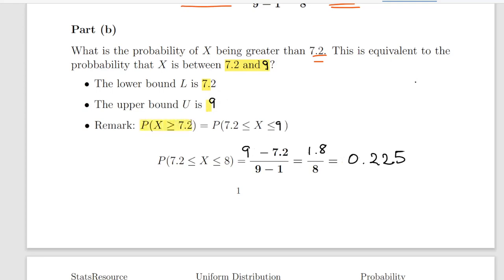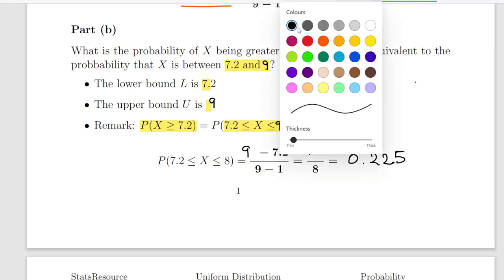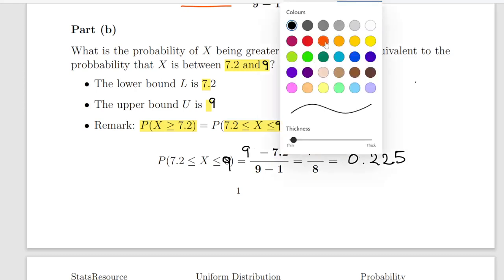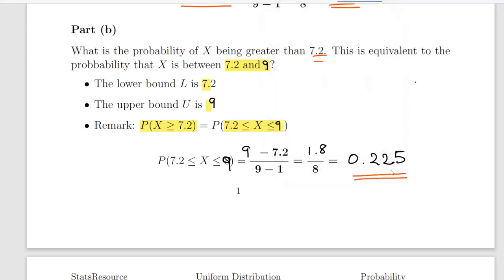So the probability of x being greater than 7.2 is the same as the probability of x being between 7.2 and 9. We approach it the same way. That is 9 minus 7.2 divided by 9 minus 1, which is 1.8 divided by 8, and that gives us an answer of 0.225.